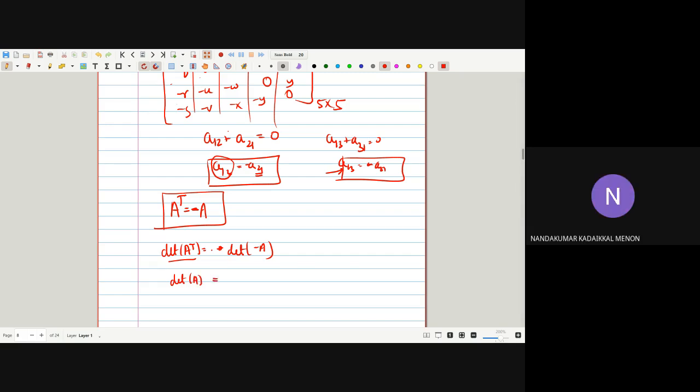Can I write this as minus 1 to the power n times the determinant of A? Is this a correct step? So this tells me that if I take it to the LHS, 2 times the determinant of A is 0.